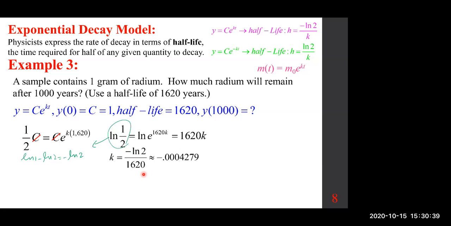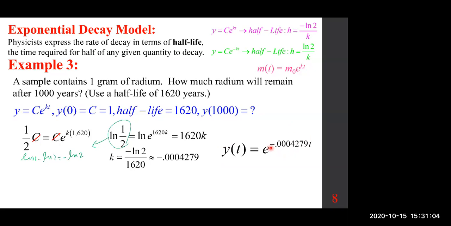Of course, instead of 1620, if you put the t, you can find the general format. I'll see if I can discuss that with you in a moment. But hold on one second. So minus 0.000427, and so this is your formula now. Notice we do get this negative in the process.